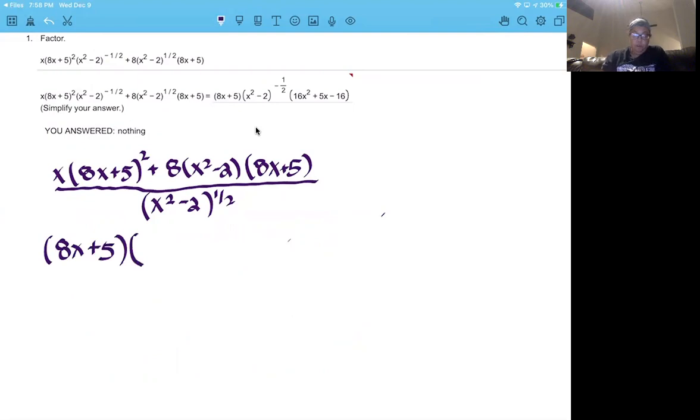So the first term, what's left over is an x times an 8x plus 5. And the second term has an 8 times an x squared minus 2.